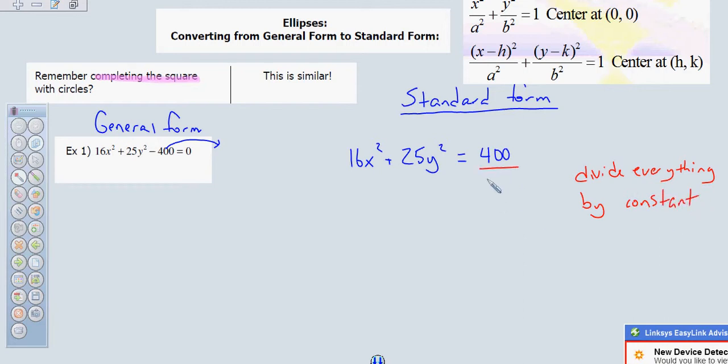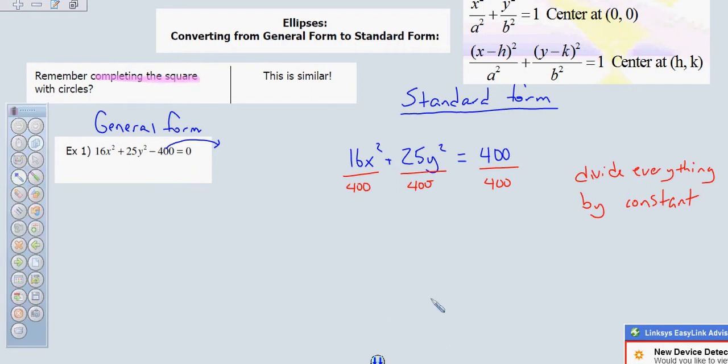So when we do that, we start simplifying, and for those of you with calculators, you'll run to your calculator right now and check this out.